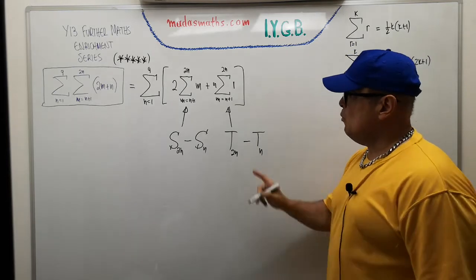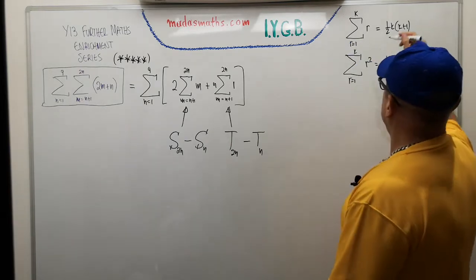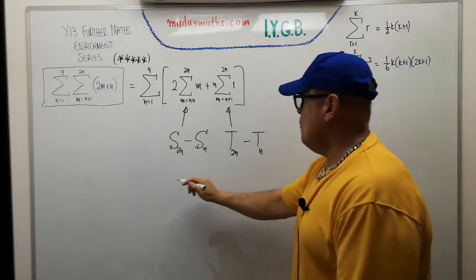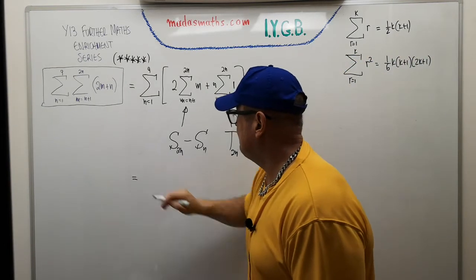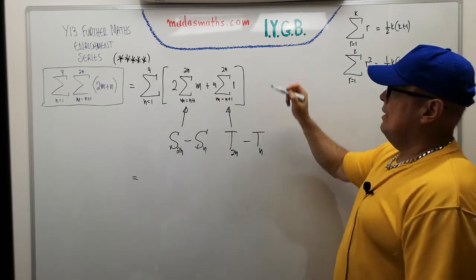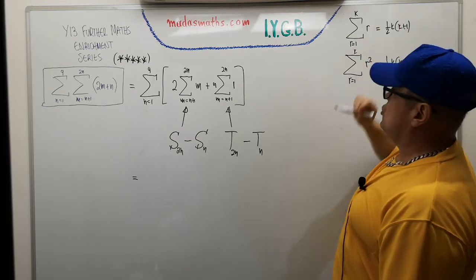So the question now is, what are these things? Let's concentrate one at a time. First of all, I'm going to use the formula for the sum of 2n integers, so I'm using this formula from 1 to 2n.